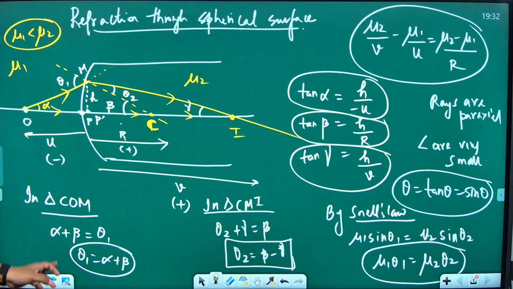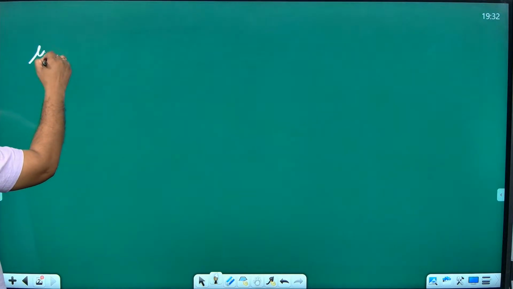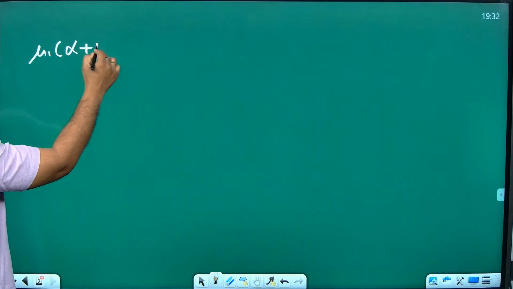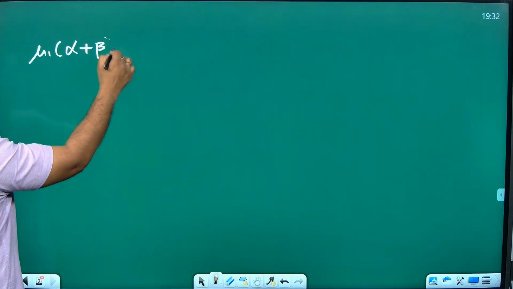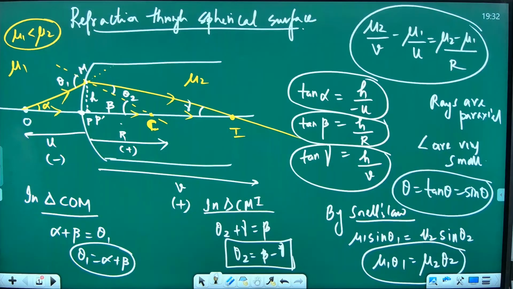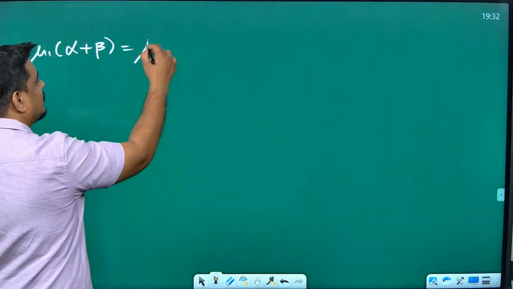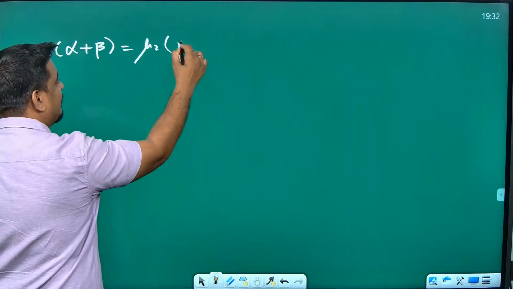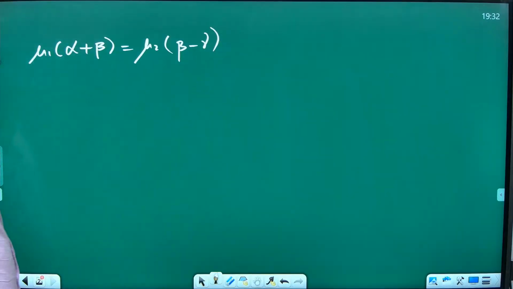Now, what is theta 1? Alpha plus beta. So, I can write mu1 into alpha plus beta is equal to mu2 into beta minus gamma. Can I write like this? I hope I can write.